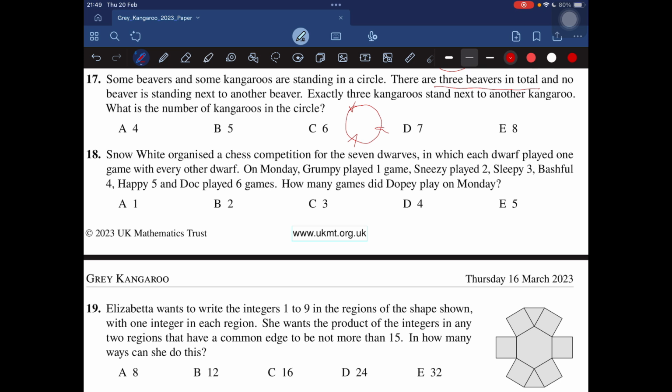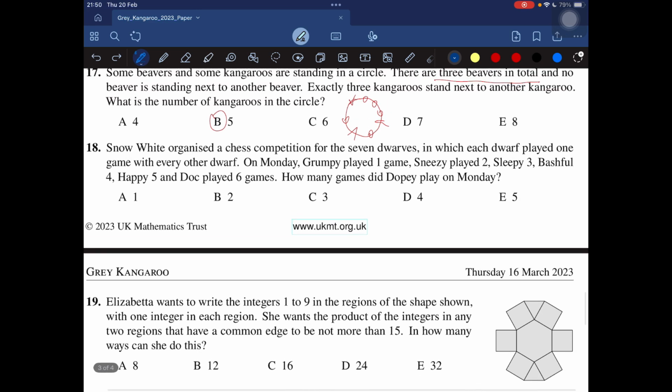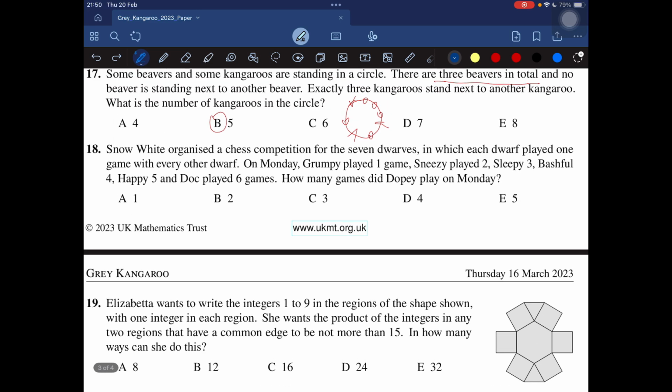So exactly 3 kangaroos are standing next to another kangaroo. So let's say 3, and kangaroo, kangaroo. For example, then this is 5. If we try another case, for example 2 and 2, no, we cannot make it because this is 4. I think this is the only way we can find the 3 kangaroos next to each other.